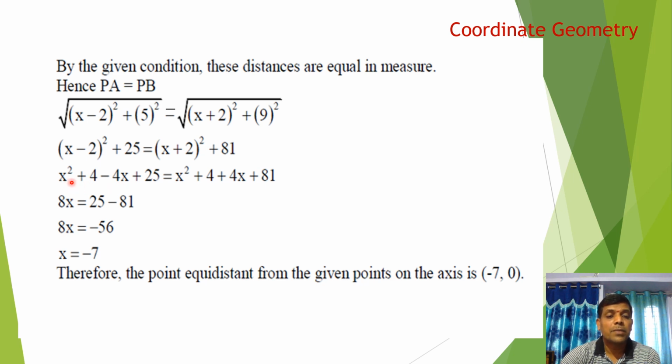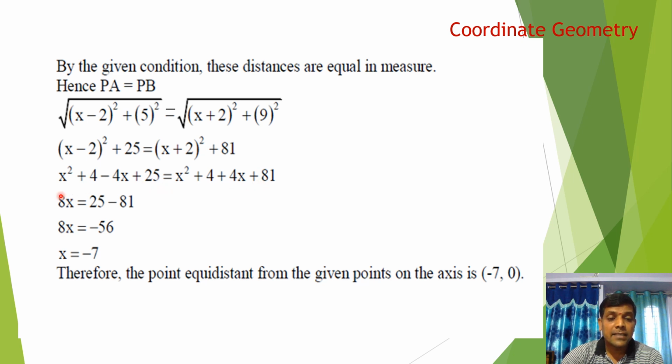So x square plus 4 minus 4x plus 25 equals (x plus 2) whole square, which is in the form of (a plus b) whole square. That is a square plus b square plus 2ab. Here a equals x and b equals 2. So x square plus 2 square, which is 4, plus 2ab, which is 2 into x into 2, 4x, plus 81.